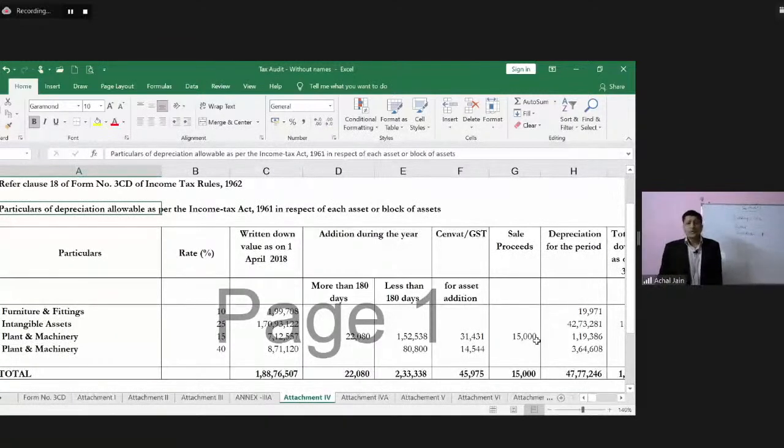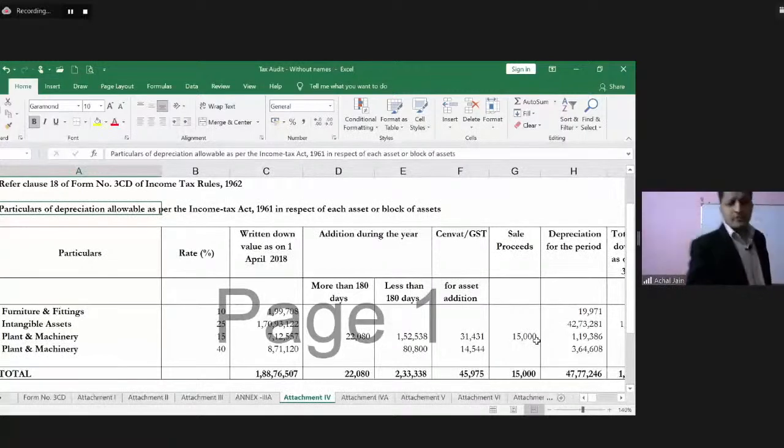Next step will be to check the depreciation computation. Now this is an arithmetical exercise. This part the tax auditor can perform by recomputation of depreciation or by checking the computation of the client, the assessee, in terms of the Excel workings, etc., which would be available to him.